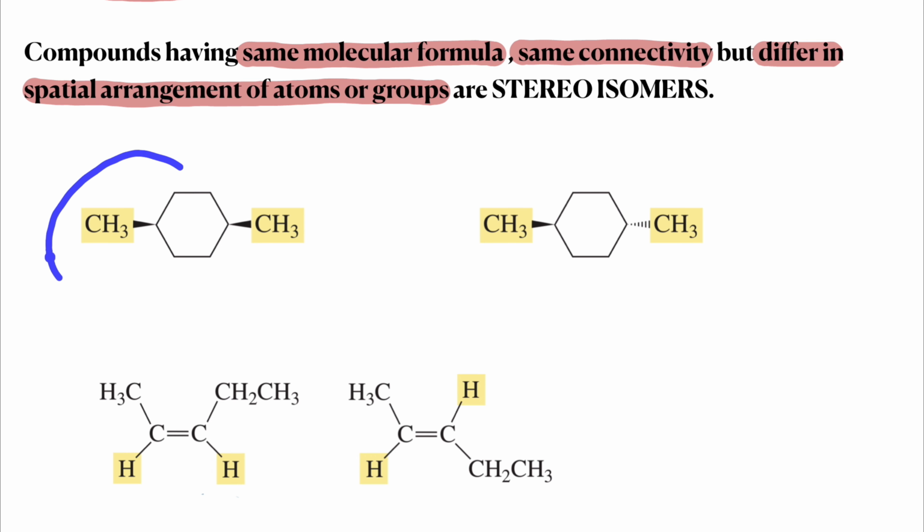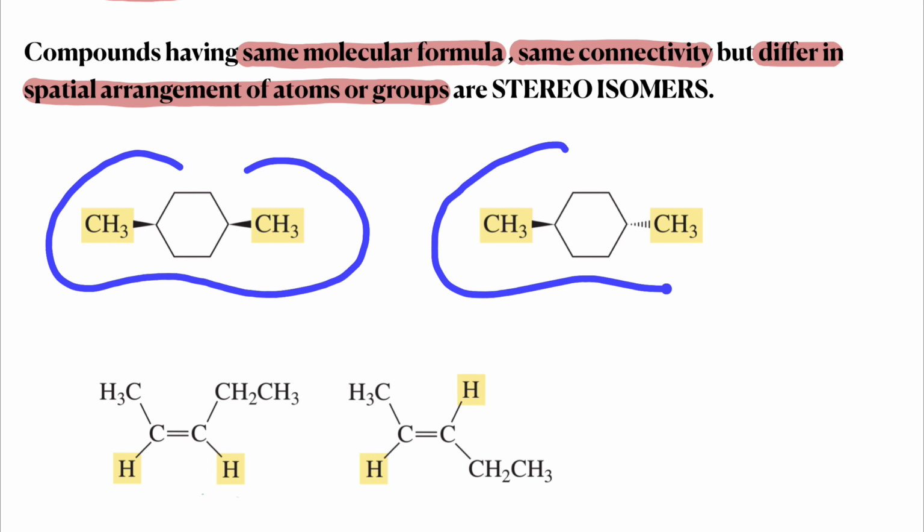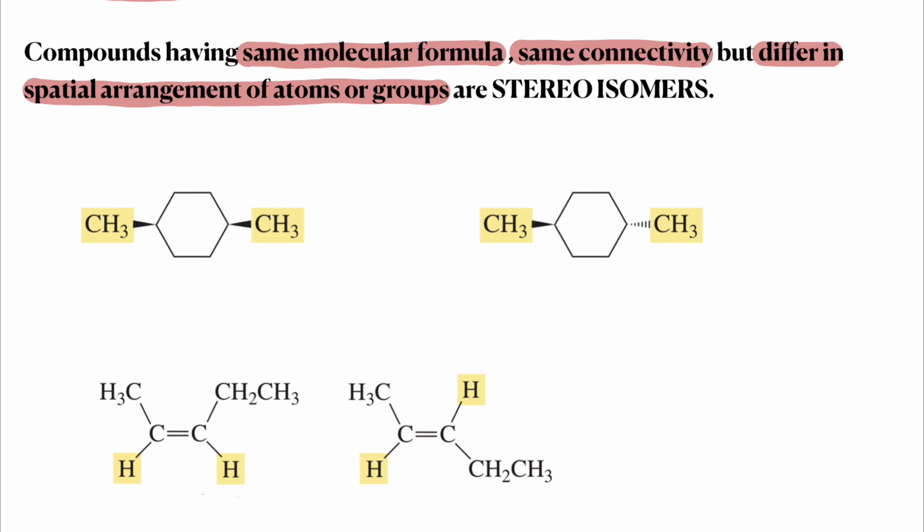So let us understand the definition instead of reading it again. Here you can see the two molecules. This is the first one and this is the second one. Here it is a 6-membered ring with two methyl groups at 1 and 4 positions. This is also a 6-membered ring with two methyl groups at 1 and 4 positions. Molecular formula is the same, structures are also the same, but the difference is at this carbon: the methyl group is above the plane and the hydrogen is below the plane.